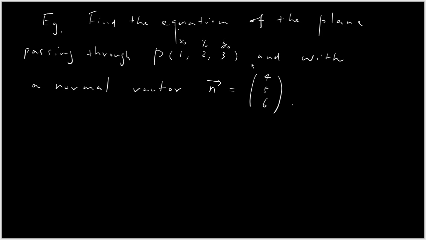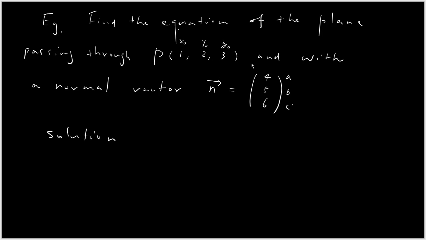And then 4 is the a value. We use a, b, c to denote the components in the normal vector. So 4 is the a value, 5 is the b value, 6 is the c value. Now all you need is to plug all the numbers in, and then we have the answer.